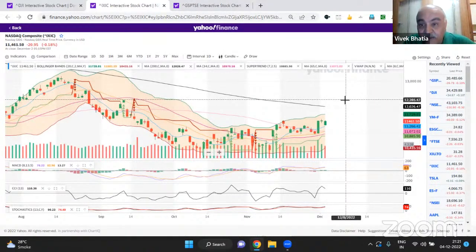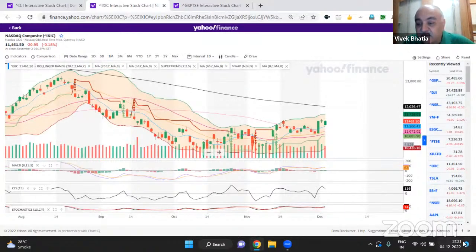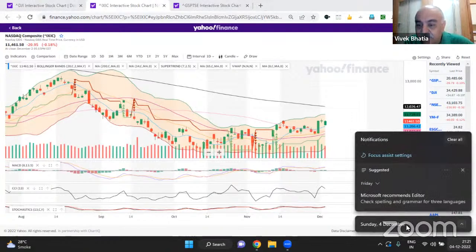So if you are looking to buy something, you could look at an option of a strike price of 12,000 for Christmas or around that time, which would be, if I may just give you the actual dates.